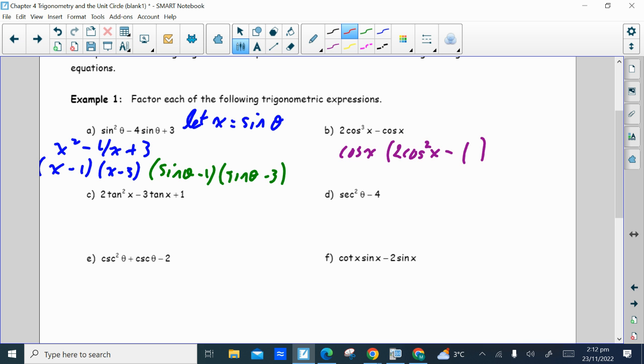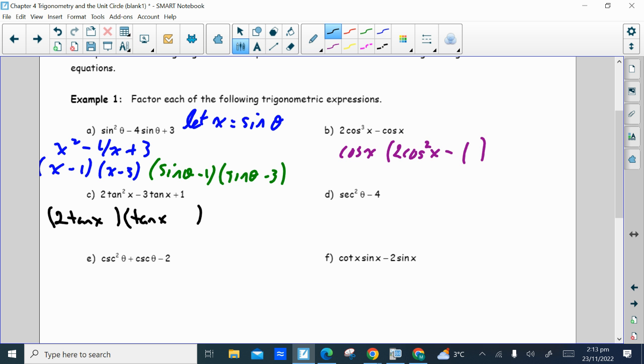So let's look at question C without using that substitution. The front terms have to multiply to get 2 tan squared x, which means one of the terms will be 2 tan x. The other will just be tan x. The last terms have to multiply to get +1.